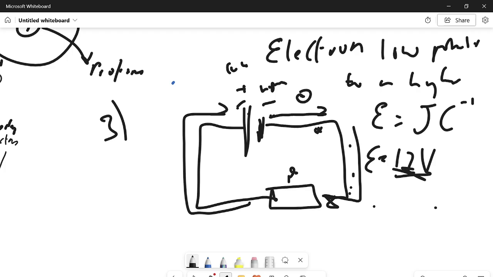So the EMF basically generates the current because it's using the chemical reactions in the battery. It causes there to be little to no electrons in the positive terminal and lots of electrons in the negative terminal. And the EMF does that by giving the electrons energy to be able to jump from one terminal to another.